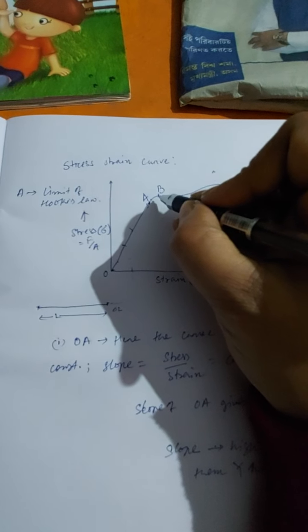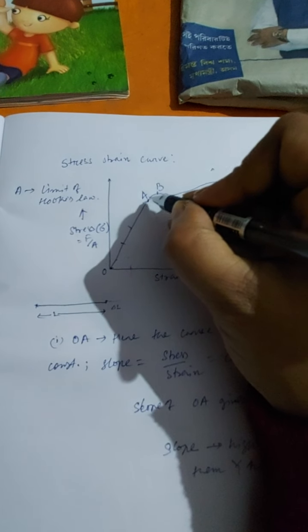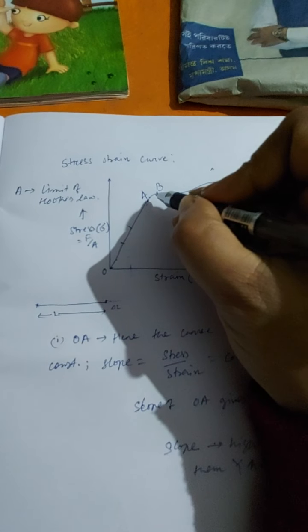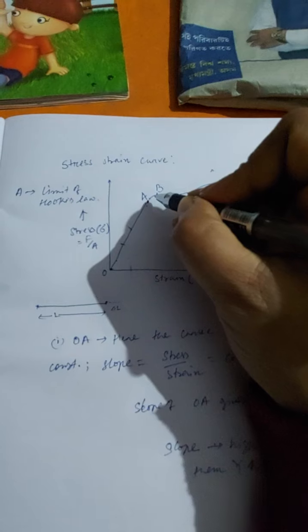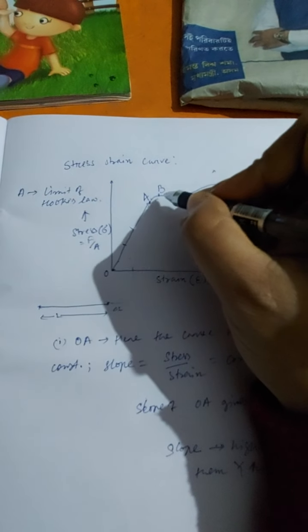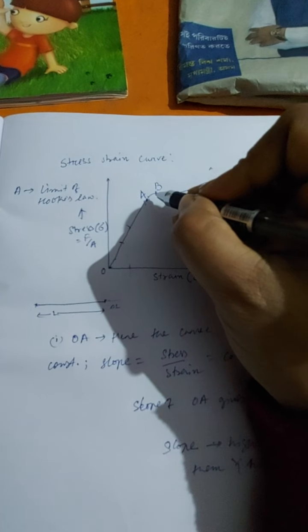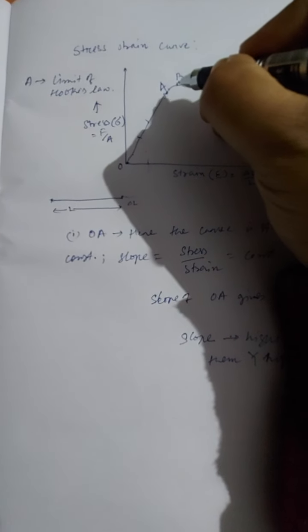not followed. But one thing is that at any point between A and B, as we remove the weight from the wire, if the stress is 0, then strain also becomes 0, that is, the wire gets back to its original length. Hence, though Hooke's law is not followed, yet the elasticity is there.